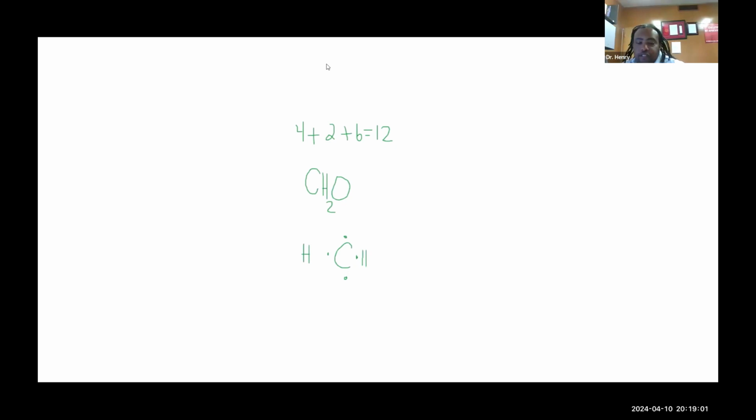And they have how many valence electrons? They have 1 each. Okay. And then our oxygen, we can either put on the top or the bottom. Okay. And it has how many valence electrons? You said 6 earlier.